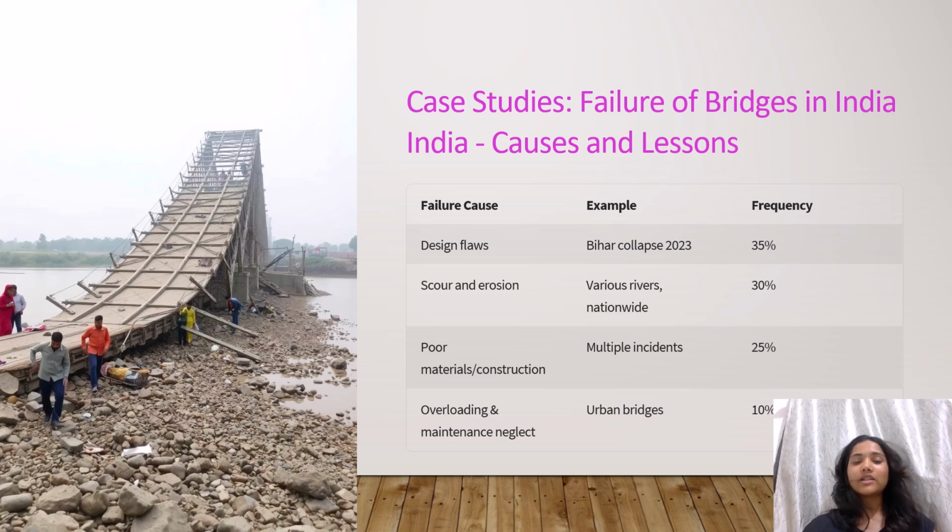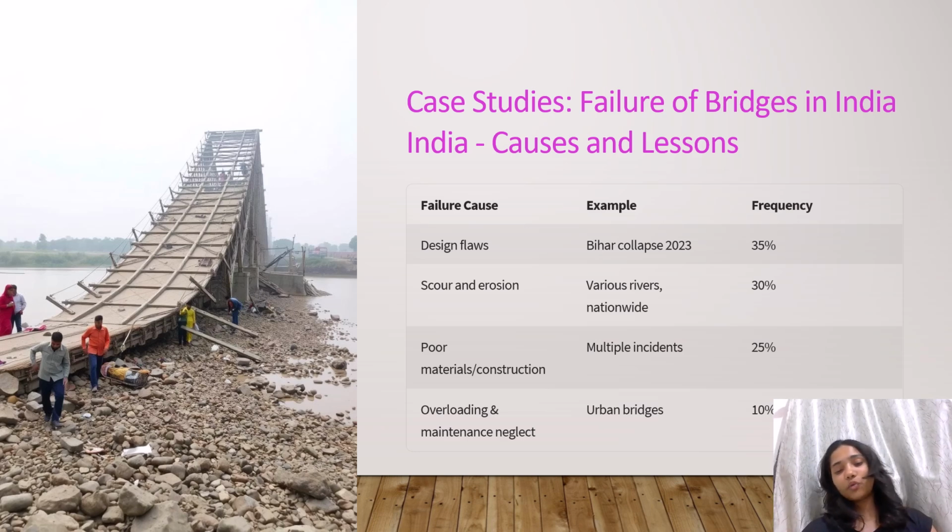Firstly, we will go by this PPT. Failure causes. The first one is design flaws. A bridge collapsed in Bihar in 2023, and its frequency was about 35%. Then scour and erosion: bridges on various rivers nationwide fail due to scour and erosion, and its frequency is 30%.